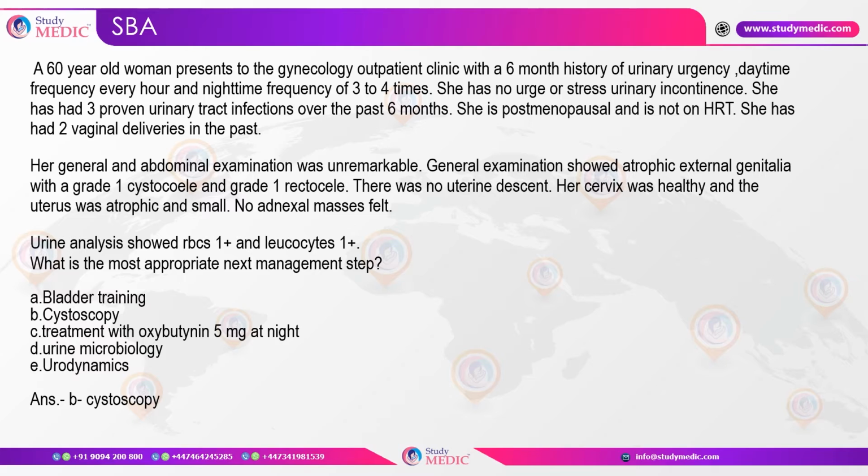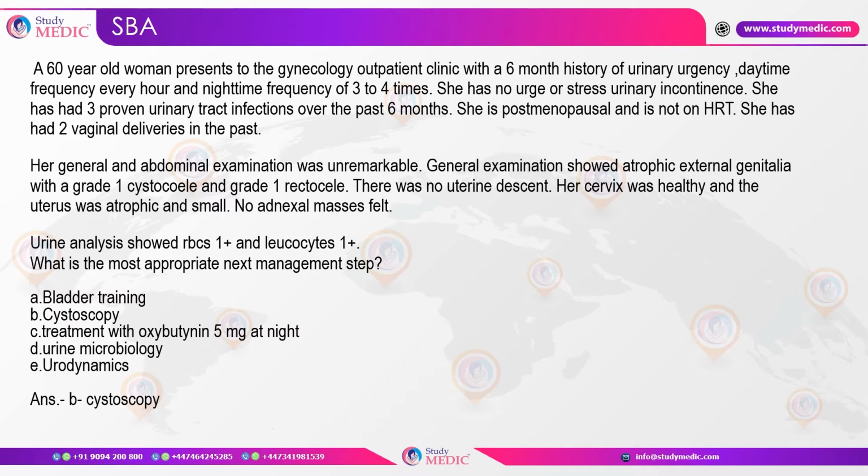Why is it cystoscopy? Understand that here you have a 60-year-old woman who is coming with some urinary symptoms, but in addition to that, her urine is showing RBCs and leukocytes. Ideally, the urine test has already been done.